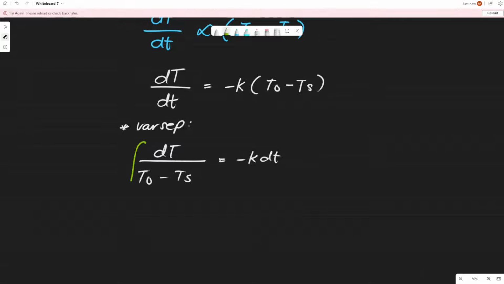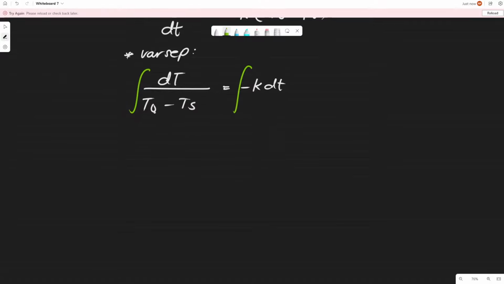Then let's get the antiderivative of both sides. Think of T sub O minus T sub S as if it is simply T, so dT over T. Remember, the temperature difference is what we are looking for, so T sub O minus T sub S means the temperature difference, not the separate entities of the object's temperature and the surrounding temperature.